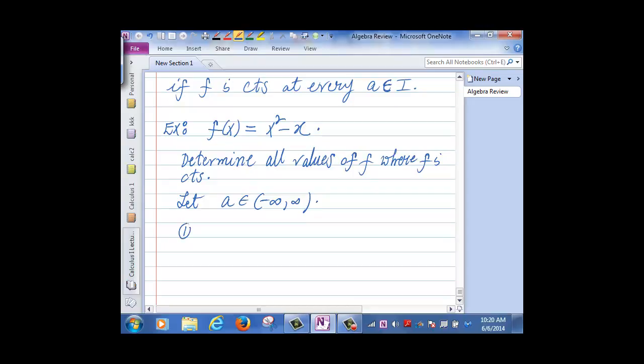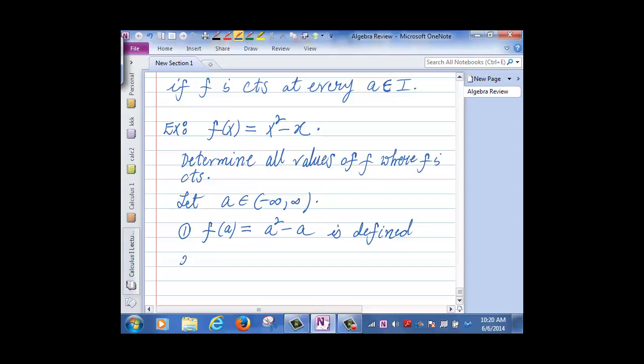Number one, f of A is equal to A squared minus A. So that is defined because it's a polynomial, right? Given any real number, I can square it. I can subtract A from the square.